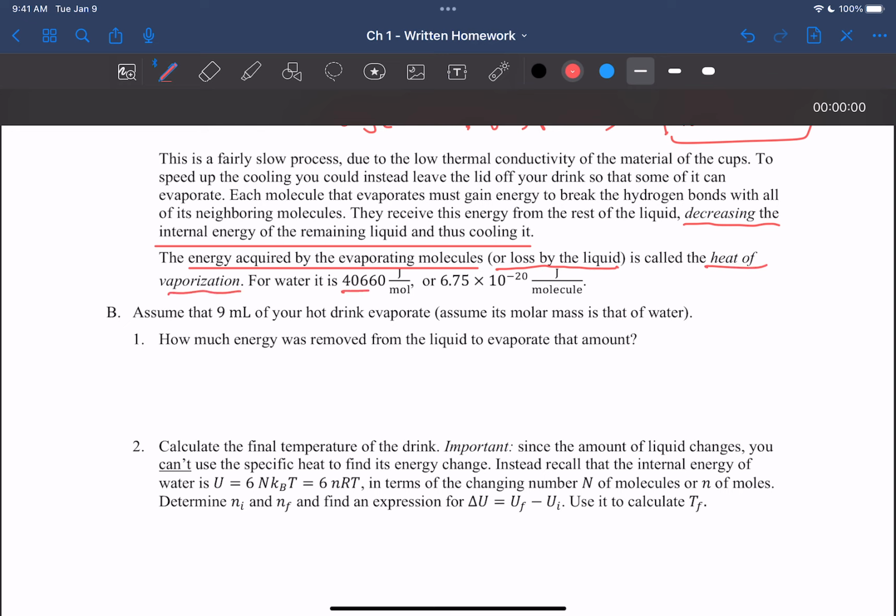For water, it's 40,660 joules per mole, or 6.75 times 10 to the negative 20 joules per molecule, right? So if you remember from Gen Chem, heat of vaporization would basically be the amount of energy it would take to switch phases between liquid to gas or gas to liquid.